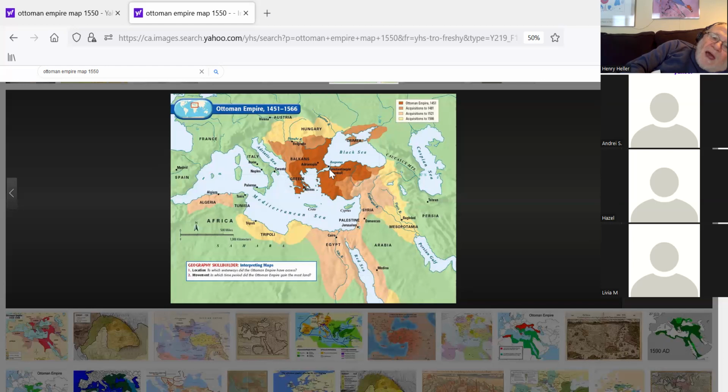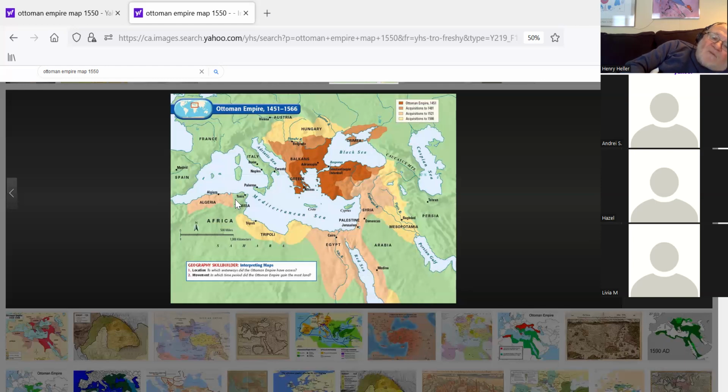The East Roman Empire is reduced to simply the city of Constantinople. In other words, by the beginning of the 15th century, the Ottoman tribe controls the Balkans, and most of Anatolia is controlled by these Ottomans.